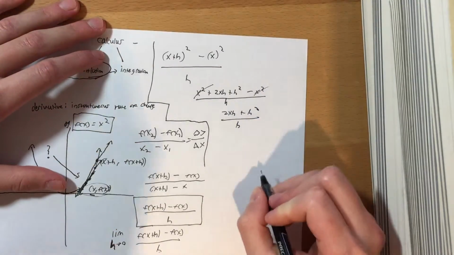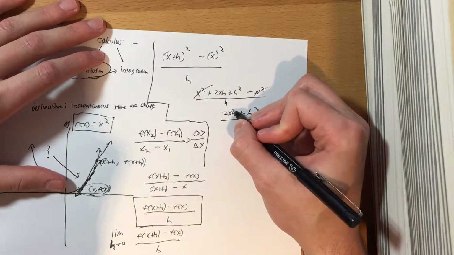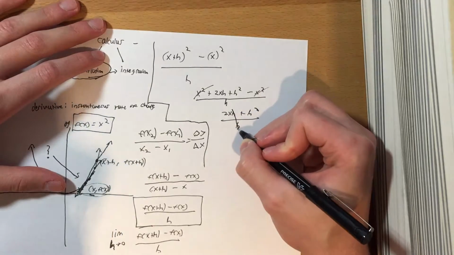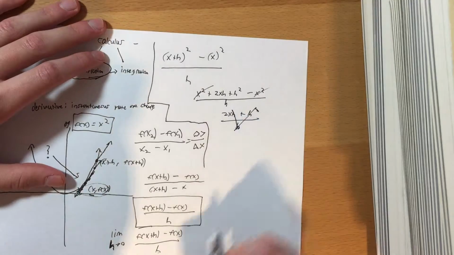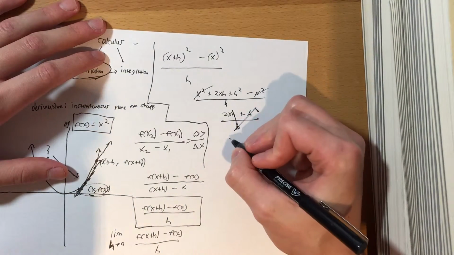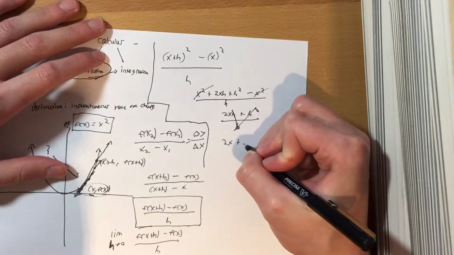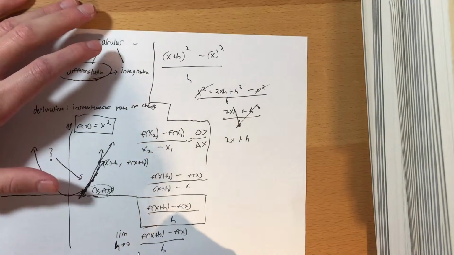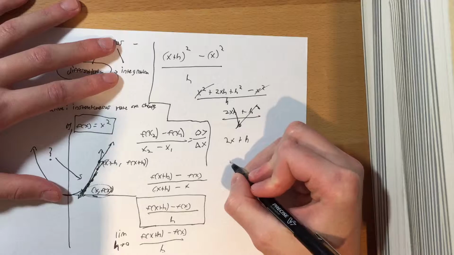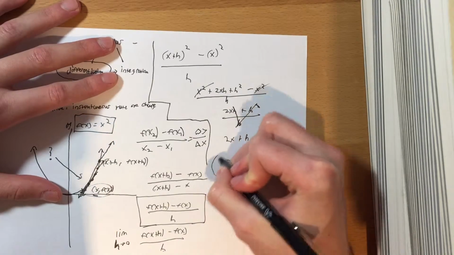Still looks a bit complicated, but now this cancels out with this. This cancels out also with this. Not that it matters, because remember, h is going to be 0. At that point, you're just left with 2x plus h, and the h beautifully goes away because it's becoming 0. And that means you are left with 2x.